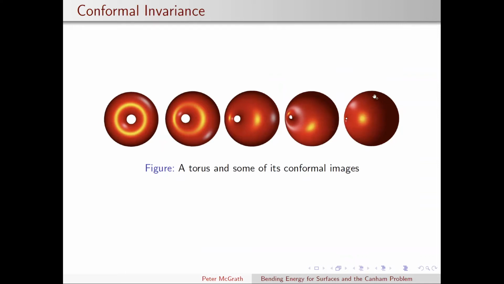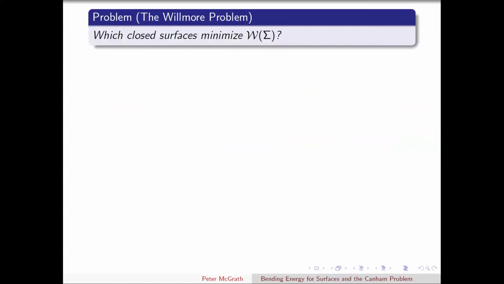This last picture is something that's very nearly a sphere and has just this very, very small handle. You can take a sequence or a smooth family of conformal transformations and basically blow out any closed surface, it doesn't have to be a torus, such that if it has topology, all of its topology gets shrunk to a point, and the surface looks more and more like a sphere. This is possible via the inversions. This idea will come up several times.